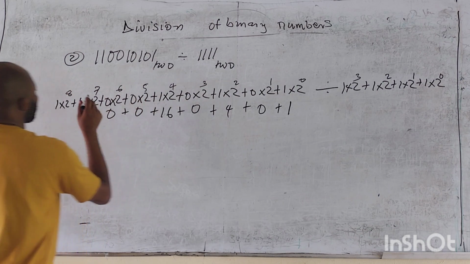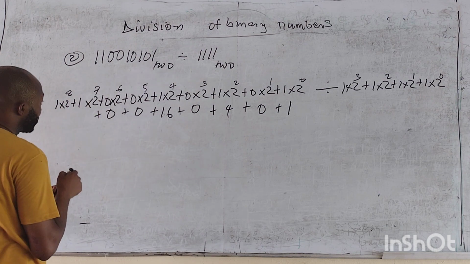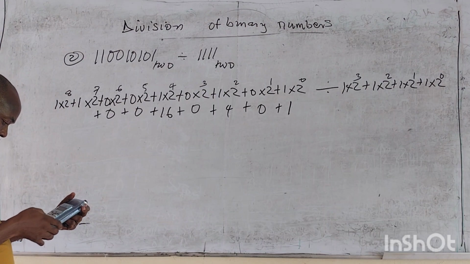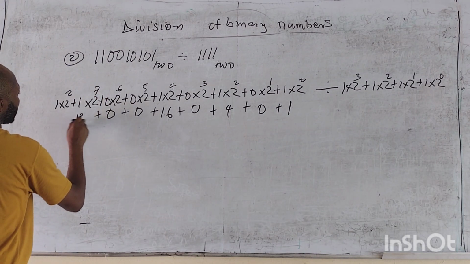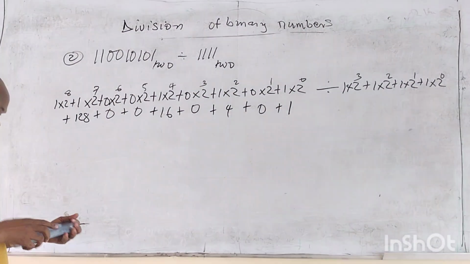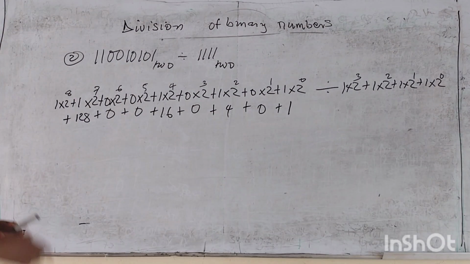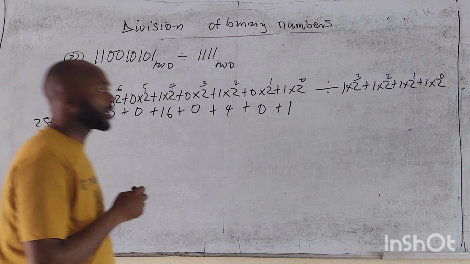Plus 2 raised to the power 7 is 128. Plus 2 raised to the power 8 is 256.